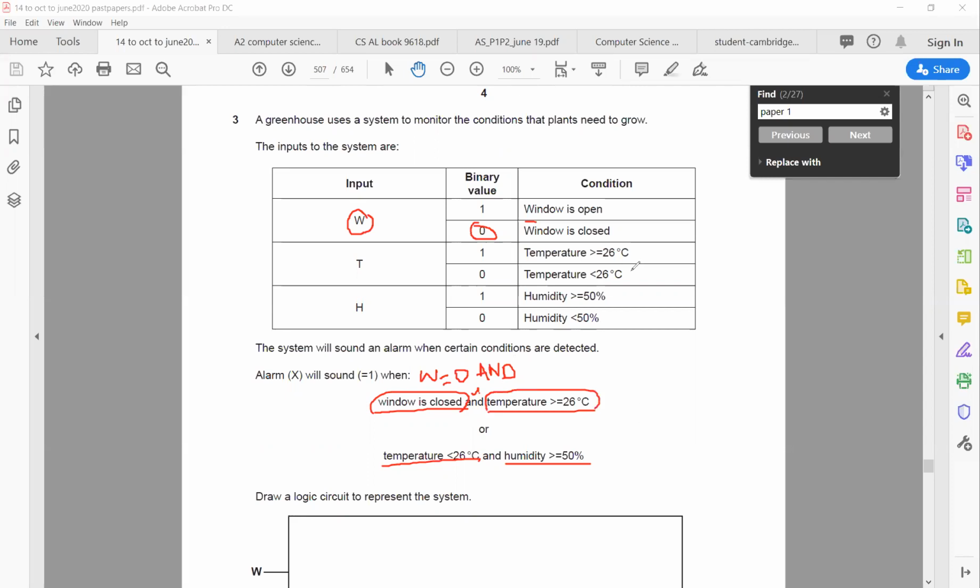And then temperature is greater than equal to 26. Just look at the temperature. Oh, sorry, this is not the greater, this one is greater value, and it has binary value 1 and it is represented with T. Okay, if the binary value is 1, so it's up to you, you may or may not write it, ठीक है, आप लिख भी दें कोई मसला नहीं है। If you don't write, skip it, okay, no problem at all, but you will have to write whenever there is a binary value 0.